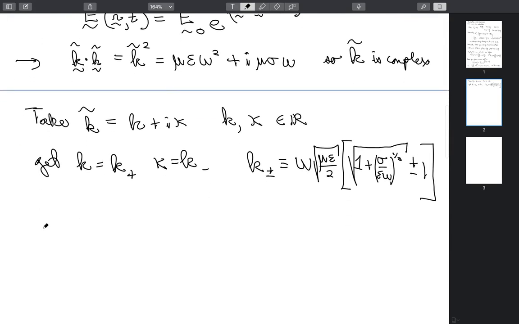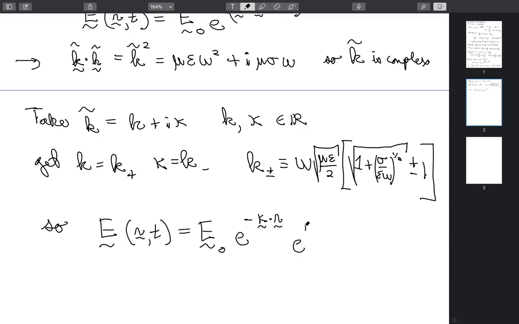So what does that mean? We can rewrite our electric field as a function of r and t as our original field defining the polarization, with e to the minus kappa times r, and then e to the i k dotted into r minus omega t.